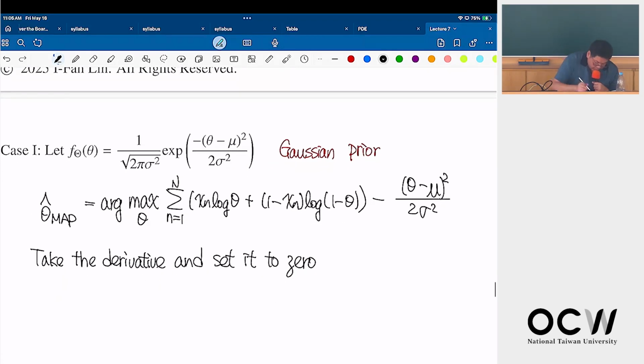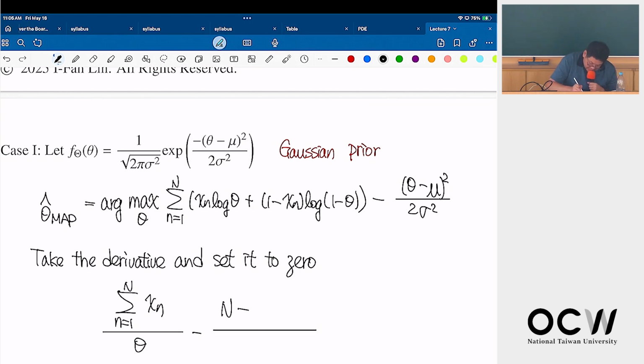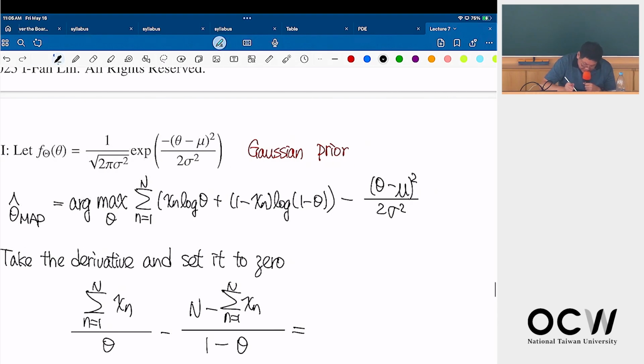We have the sum of your realizations divided by theta, and n minus the sum of your realizations divided by 1 minus theta, which should equal (theta minus mu) divided by sigma squared.